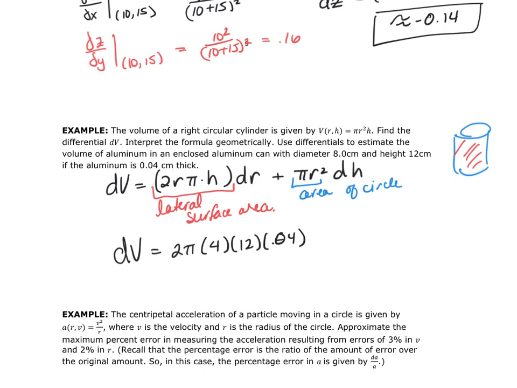And the reason my r is 4 is because I have a diameter of 8.